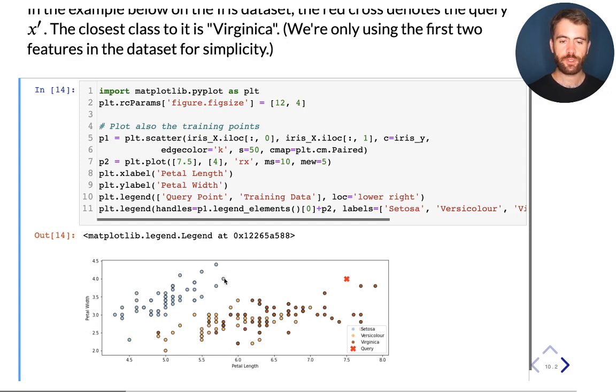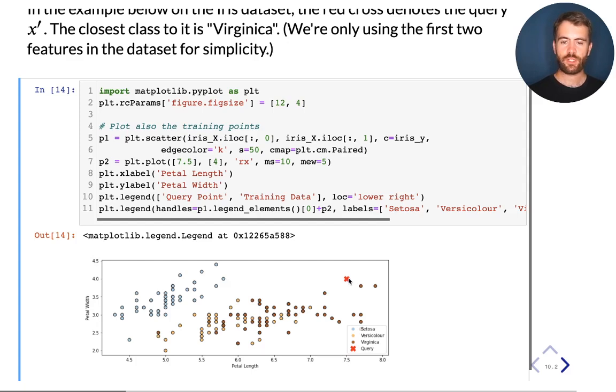This flower's measurements are given by its coordinates along the x and y axis, so its location in this two-dimensional space is given by its petal length and petal width. We also have multiple classes: three classes, which I'm denoting in this shade of blue, and then yellow and brown. These correspond to different species of flowers.